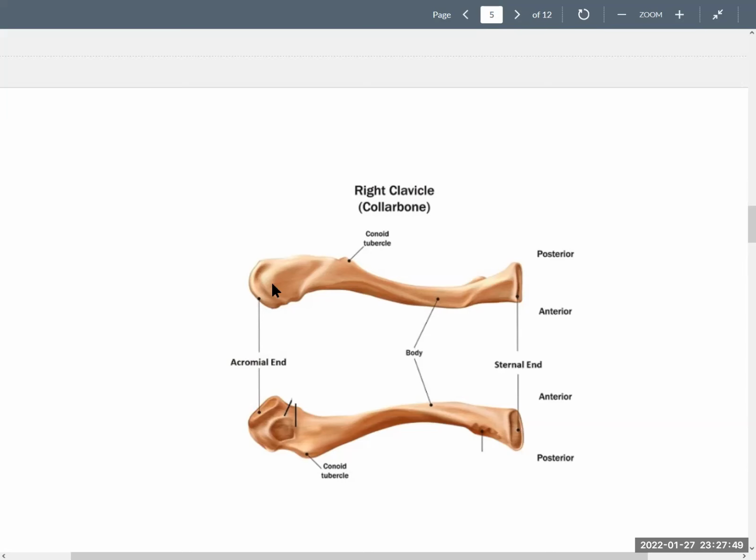This is the acromial end here. When we say acromion, we mean of the scapula. Acromial end would be of the clavicle. I promise not to put together questions that would make you scratch your head. Take up your time thinking, what does he mean? I don't put questions together like that.